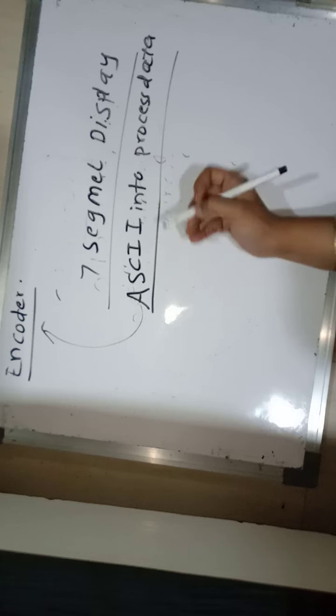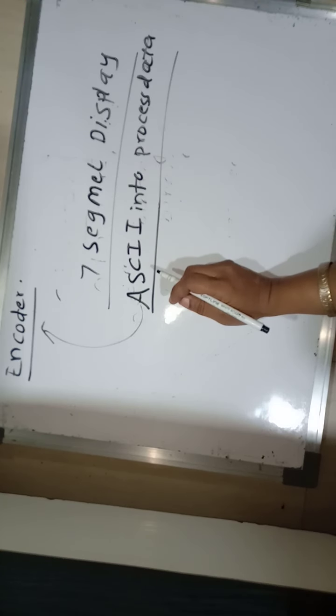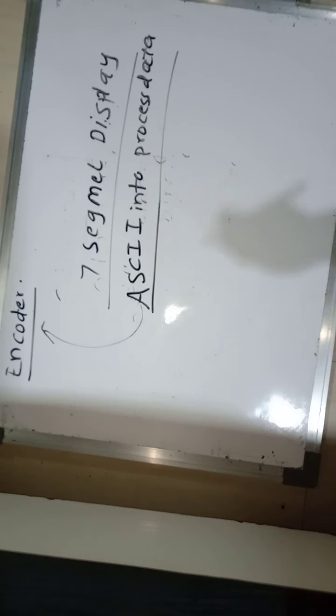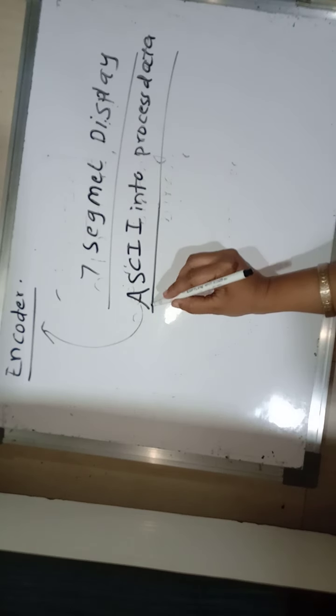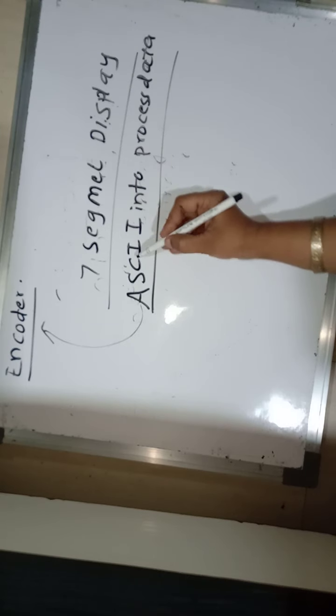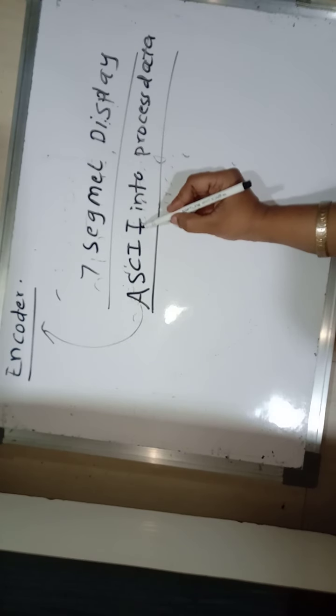All of you know the ASCII code. ASCII is used to convert your given keys into the computer's language. ASCII is one kind of code which is used in a keyboard to convert your respective keys. The long form of ASCII is American Standard Code for Information Interchange.